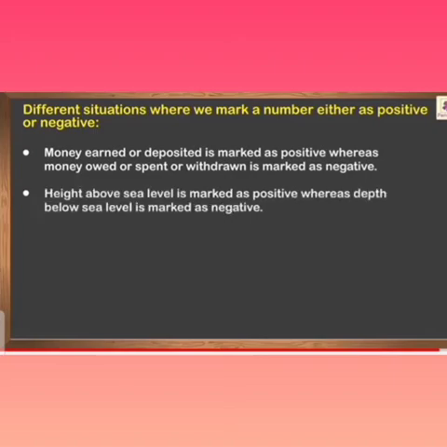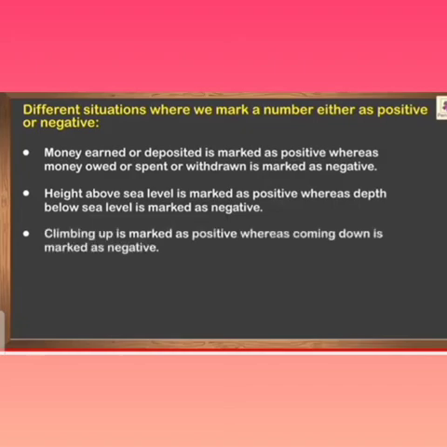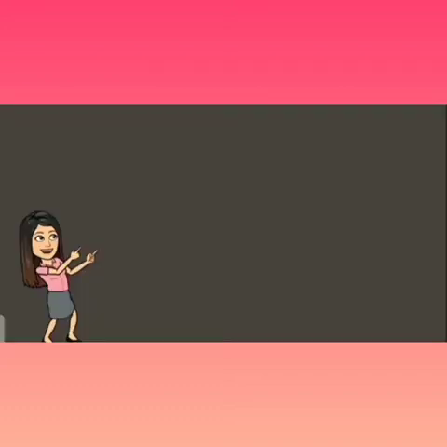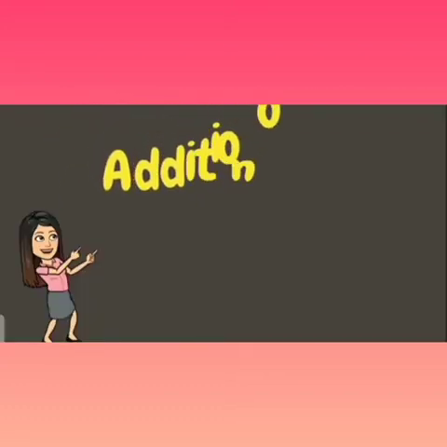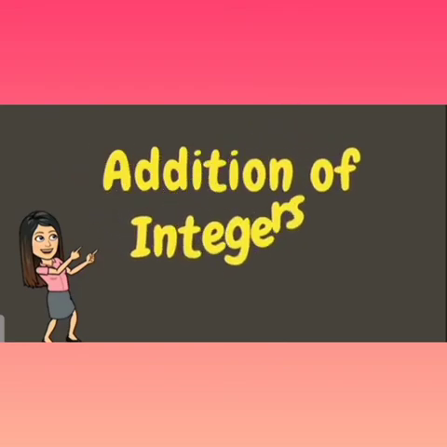Height above sea level is marked as positive, whereas depth below sea level is marked as negative. Climbing up is marked as positive, whereas coming down is marked as negative. Addition of integers.